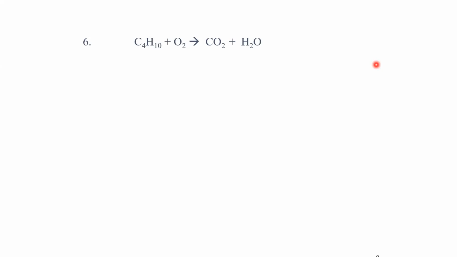All right, so let's see what we get. If we look at carbon, there are 4 carbons on the reactant side and there's 1 carbon on the product side. So to get carbon to be balanced, we're going to multiply the product side by 4. Now let's look at hydrogen. We have 10 hydrogens on the reactant side and we have 2 hydrogens on the product side.